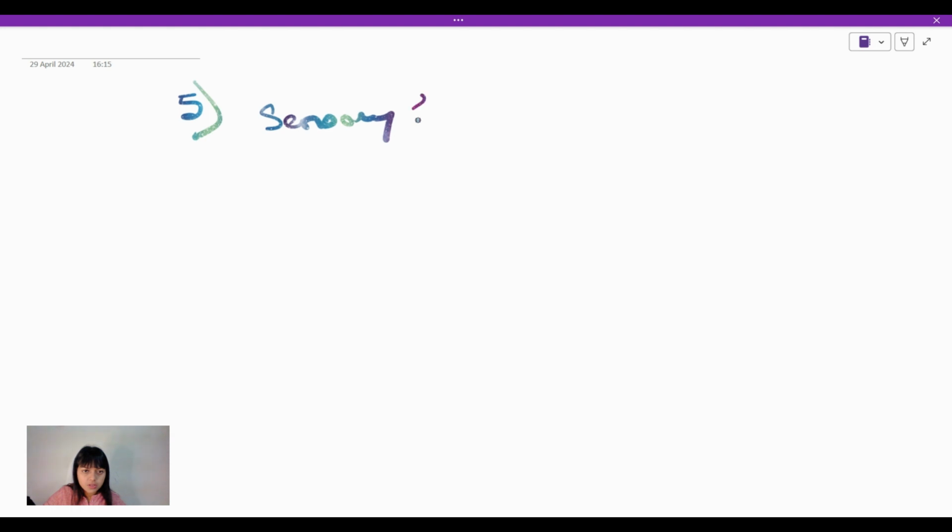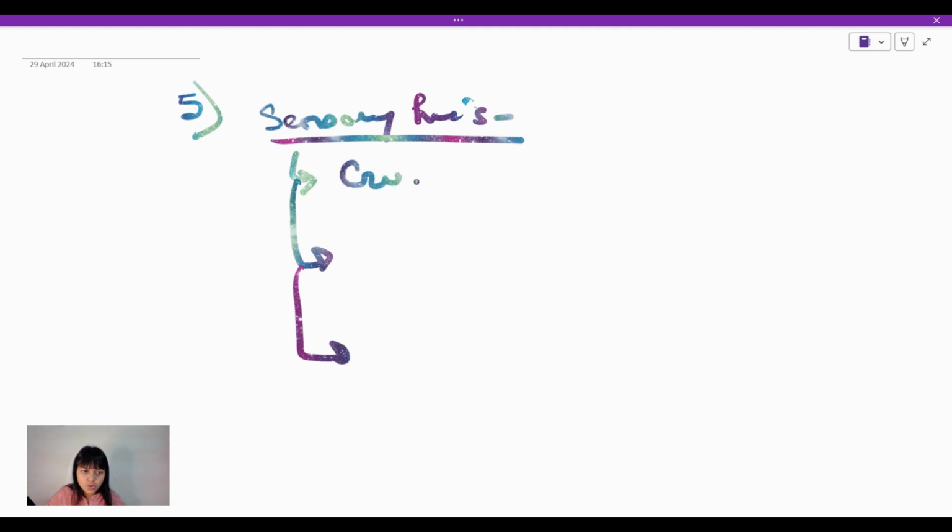Next is your sensory functions. Among sensory functions, you need to divide it into three subparts. What are they? First is the crude sensations, next is the fine sensations, and the last is the cortical sensations.